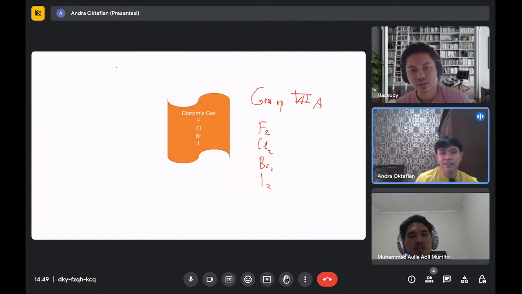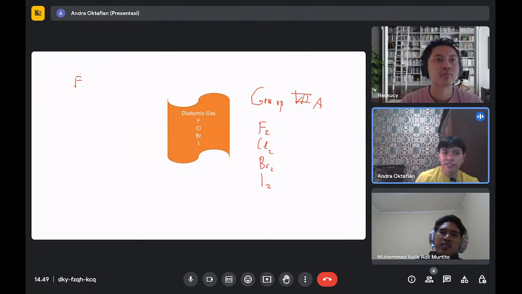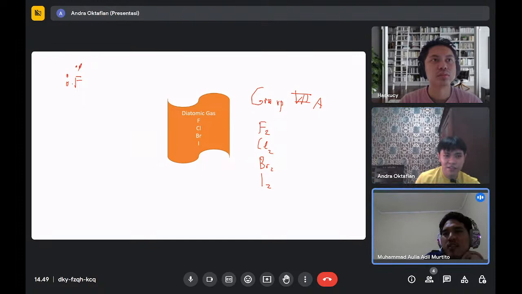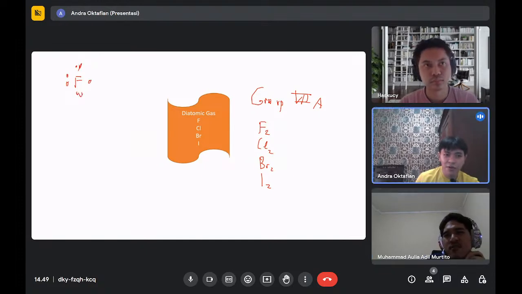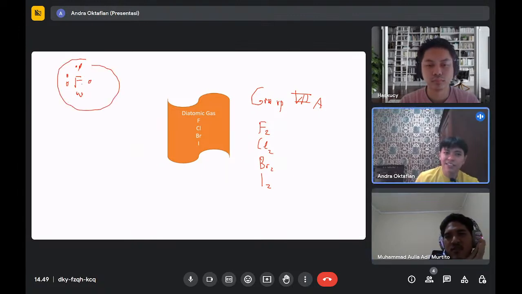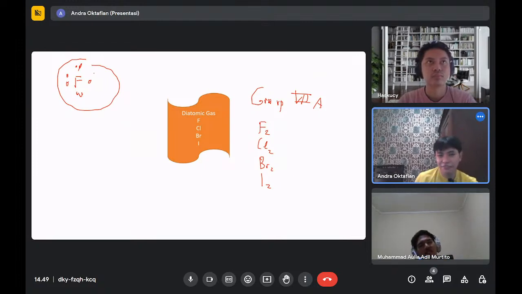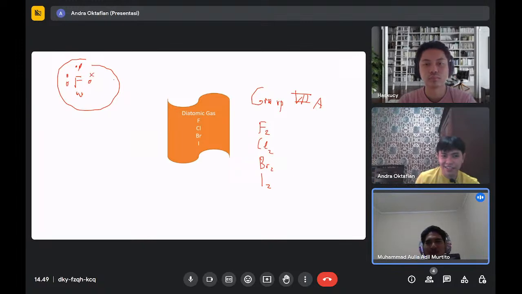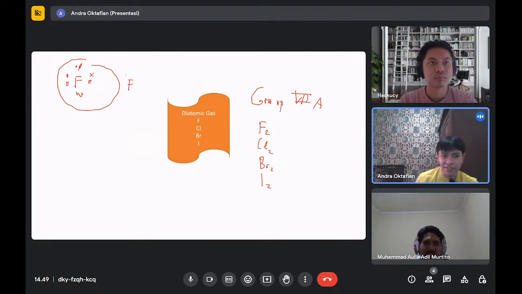Remember that they have 7 electrons: one, two, three, 4, 5, 6, 7, right? And then we combine them together. So this F wants one more electron to complete the octet and be a stable element. That's right.